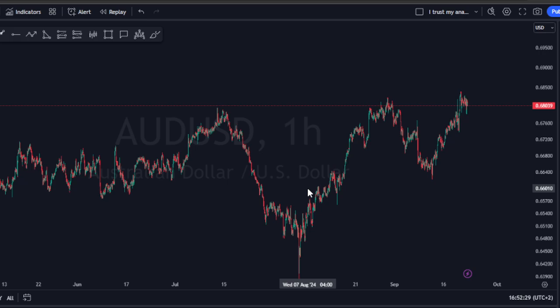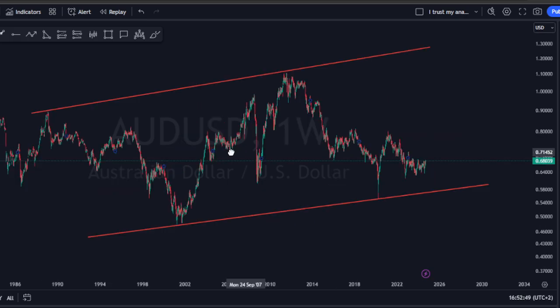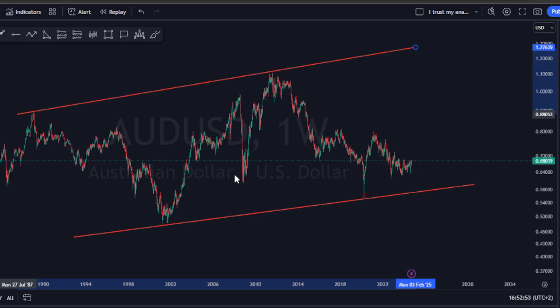And also, if you remember the analysis, we were looking for buys because of this weekly outer pattern. Initially, we were looking for those long-term buys to play out because of this pattern.